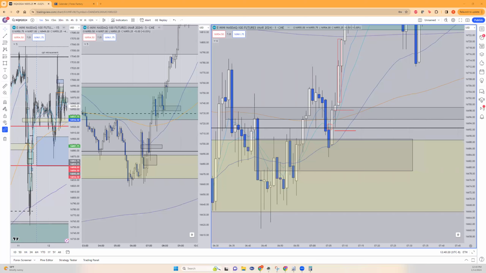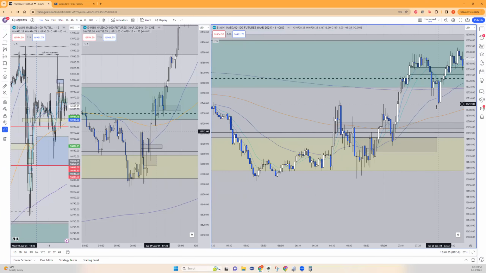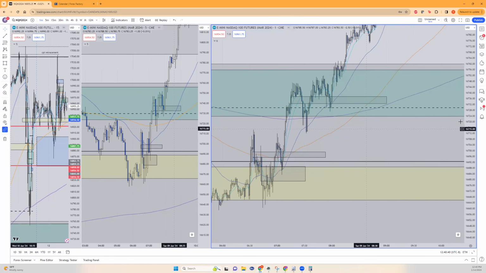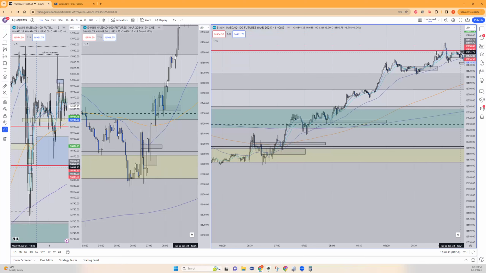And as we zoom out, we can see that, I lost my mouse, I know. We could see that price never returned back to that entry and made it all the way to our take profit level on the week.